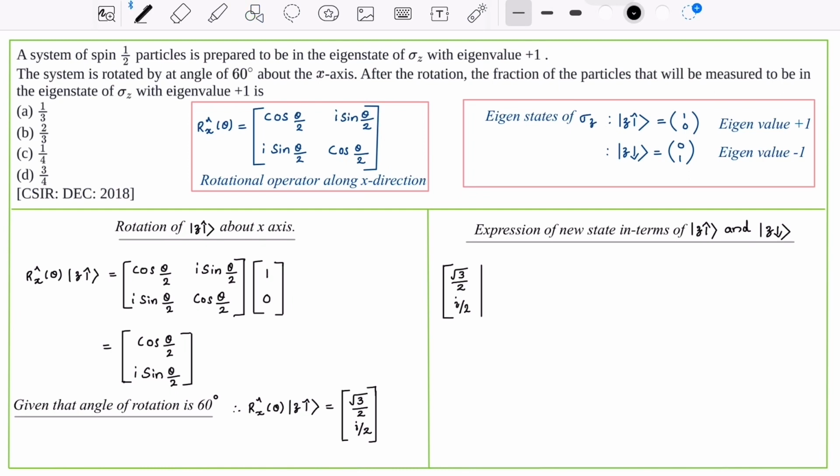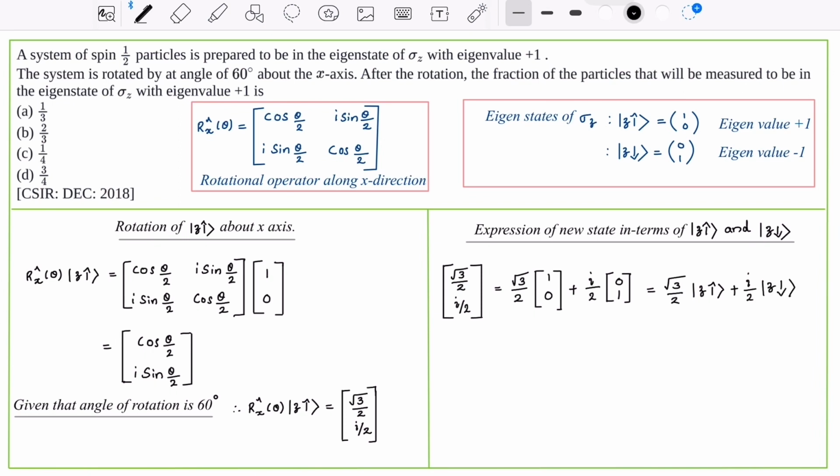Now this new state after rotation along the x direction by 60 degrees, that is the matrix (root 3 by 2, I by 2), we can express in terms of the spin-up and spin-down states of sigma z. That is, we can write the matrix (root 3 by 2, I by 2) as root 3 by 2 times the matrix (1, 0) plus I by 2 times the matrix (0, 1), so that our new state after rotating by an angle 60 degrees along the x direction becomes root 3 by 2 times the state z up plus I by 2 times the state z down.